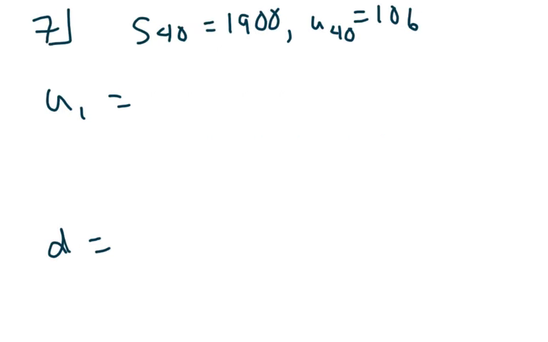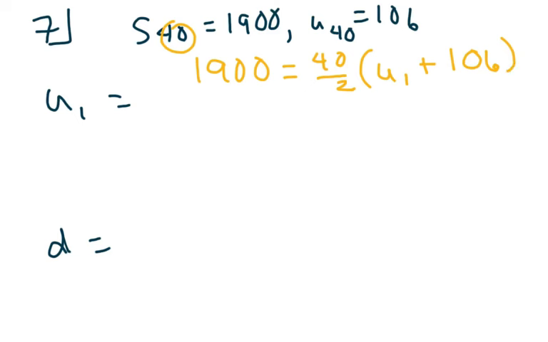Man, it's a lot. All right, so we've got 2 more to go, and I'm going to try to go really fast. Basically, I want you to find the first term. We're going to use our summation formula. So S of 40, that's 1900 equals 40 over 2 times my first term plus my nth term, or my last term.